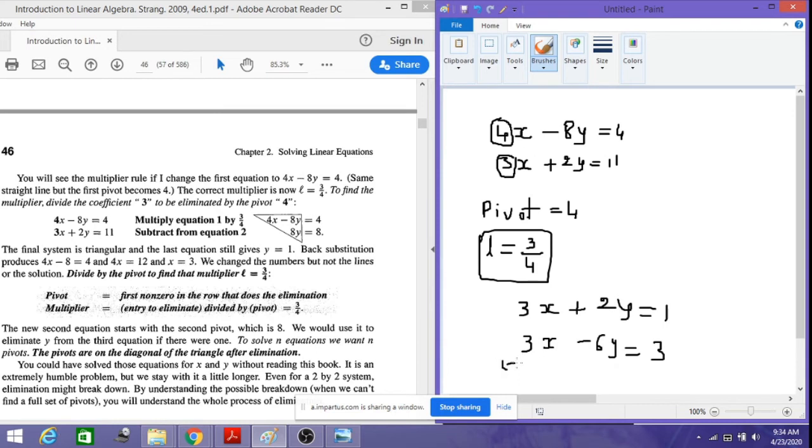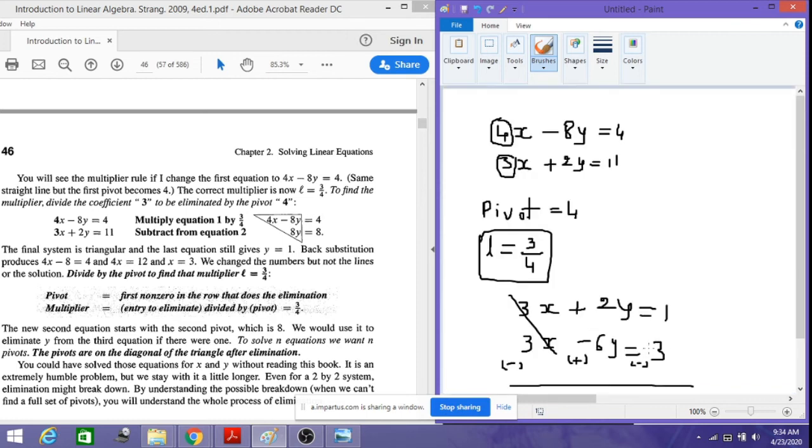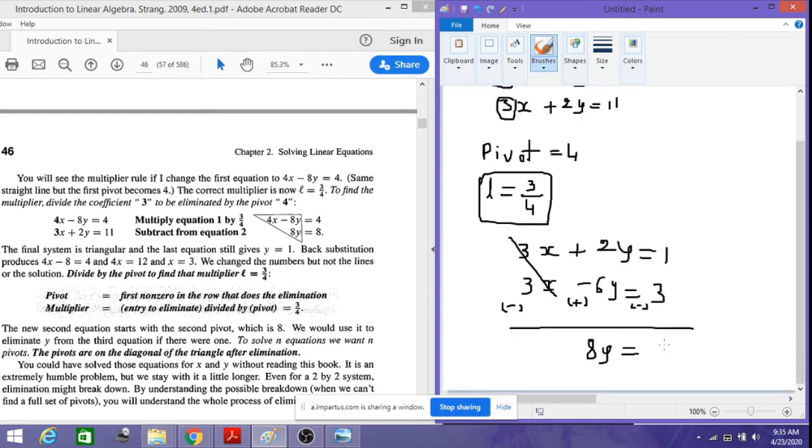So now let us subtract this equation. So what do we get here? So x gets cancelled, so here I'll get back my 8y, and again I'll get the right hand side. I think I missed something. Did I miss something here on the right side? So 4, I'll get 3, so I'm supposed to get 8.